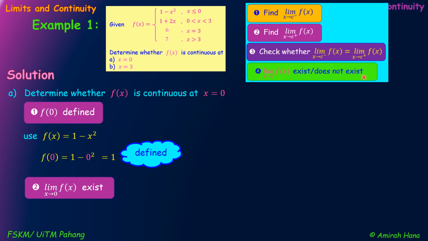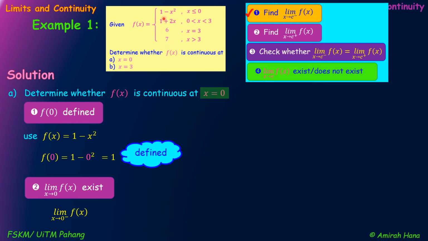From step 1 here, since we have x equals 0, we need to find the limit as x approaches 0 from the left of f(x). So we write limit x approaches 0 from the left f(x). From f(x) here, we are given a piecewise function with 4 f(x).